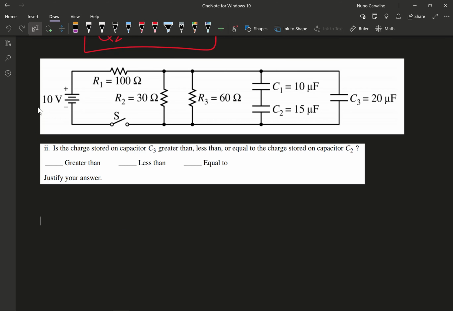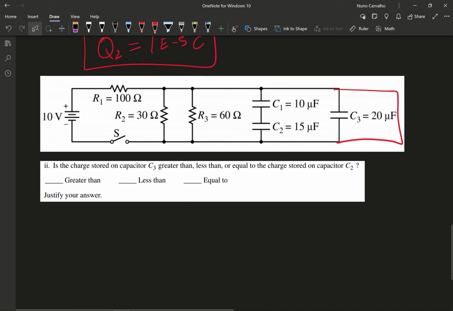Part 2 of part C is now asking us, is the charge stored on capacitor C3 greater than, less than, or equal to the charge stored on capacitor C2? Okay, so we're now asking about comparing this to our previous answer that we got for Q2, or the charge of capacitor 2 here. And so what we need, this is going to be the most important formula here, is this. We're going to apply it to both.